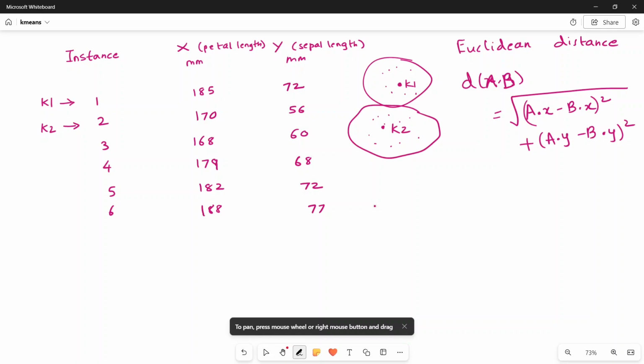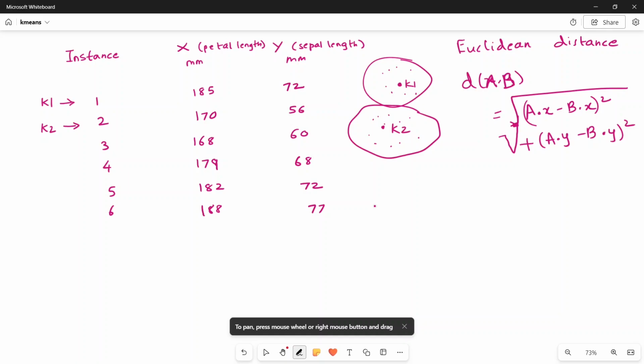If a and b are 2 data points, we'll find the difference between their x attributes and square it, the difference between their y attributes and square it, add those squares, and then take the square root of the entire thing. So this will be the Euclidean distance.